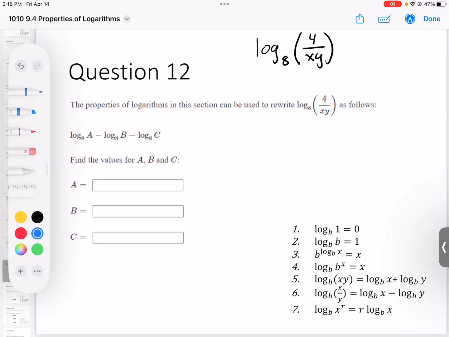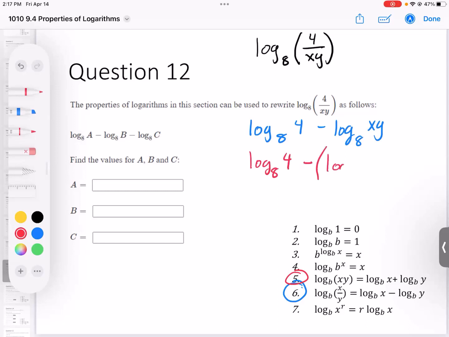So I'll use property 6 to write this as log base 8 of 4 minus log base 8 of xy. Now that I have log base 8 of xy, I can use property 5 to expand that out into addition. So I'll have log base 8 of 4 minus log base 8 of x plus log base 8 of y.